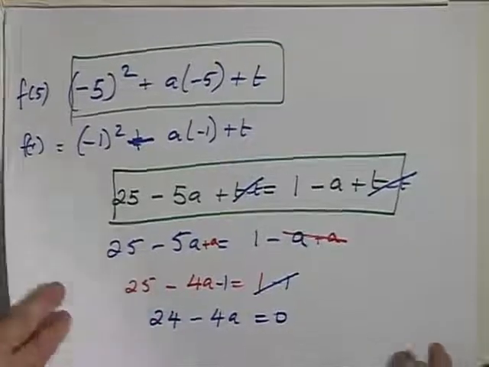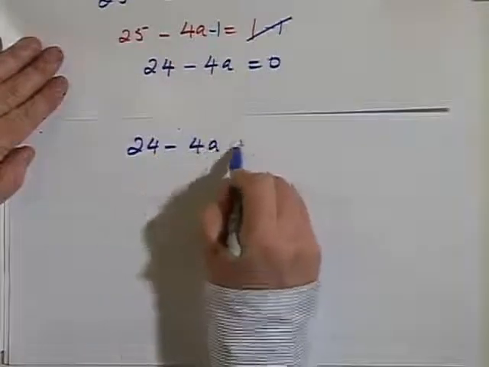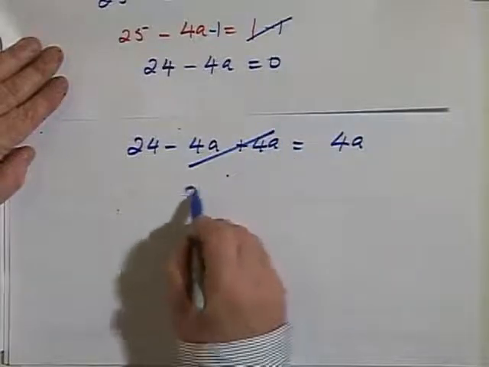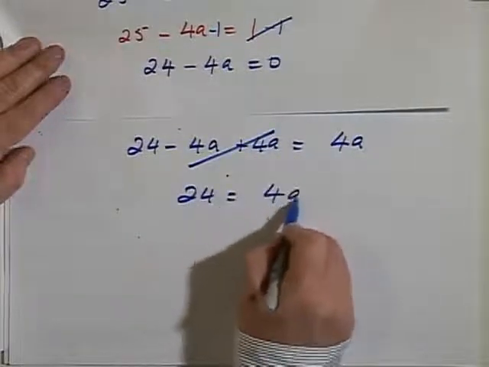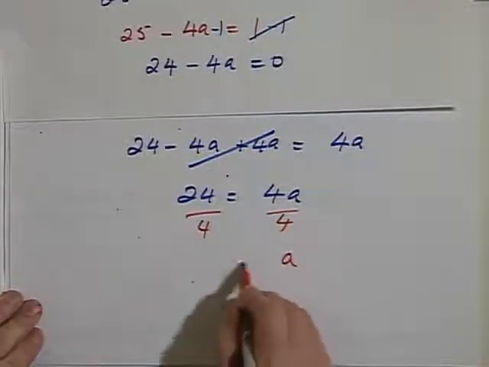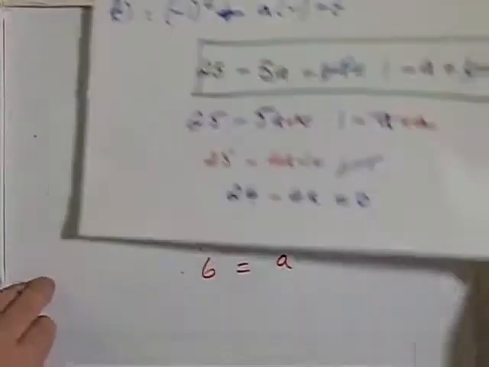Don't like the minus 4a, so 24 minus 4a plus 4a is 24, so 24 is 4a. Don't like the 4. A is 6.